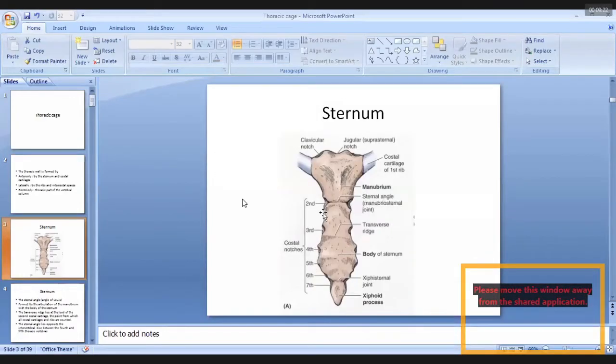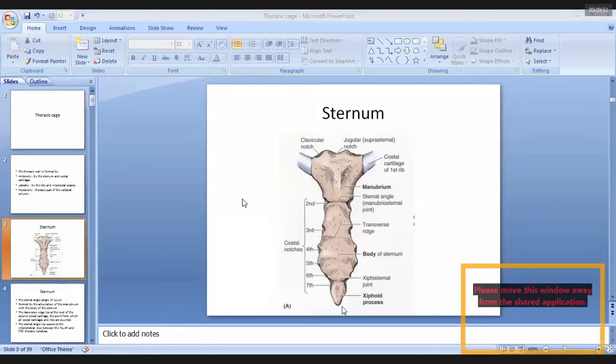These are the costal notches on the lateral aspects of the body of the sternum. There are two other articulations: first with the manubrium, forming the manubriosternal joint, and inferiorly another articulation between the body of the sternum and the xiphoid process, and this joint is known as the xiphisternal joint.